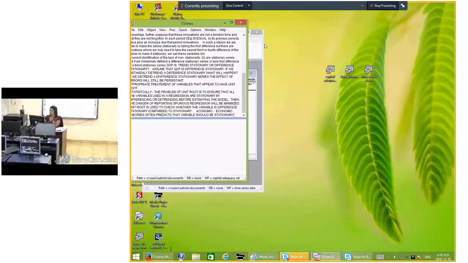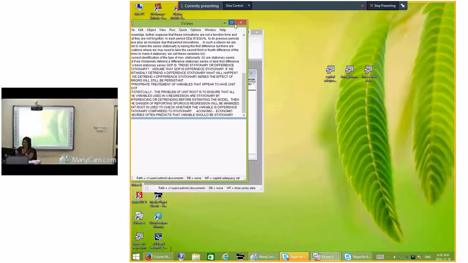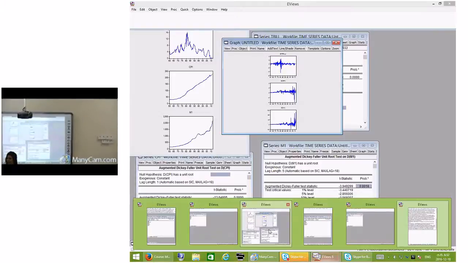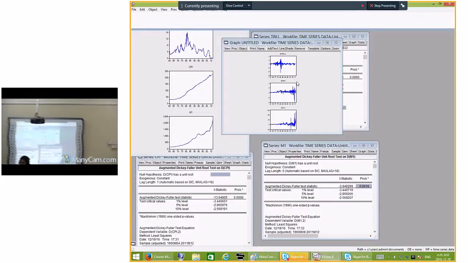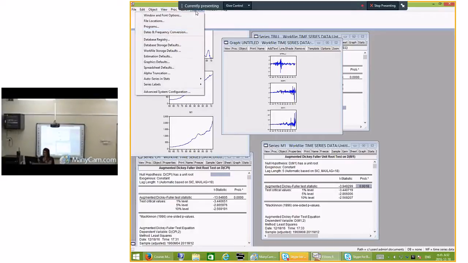Then keeping this in mind, you can realize why we can't use the data as it is, using levels. But in our example, these three data series are all stationary at levels.